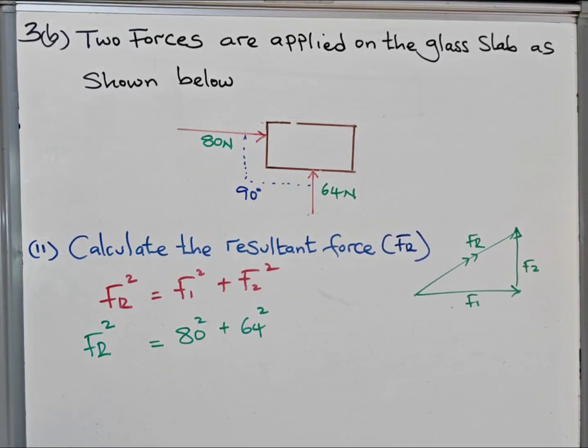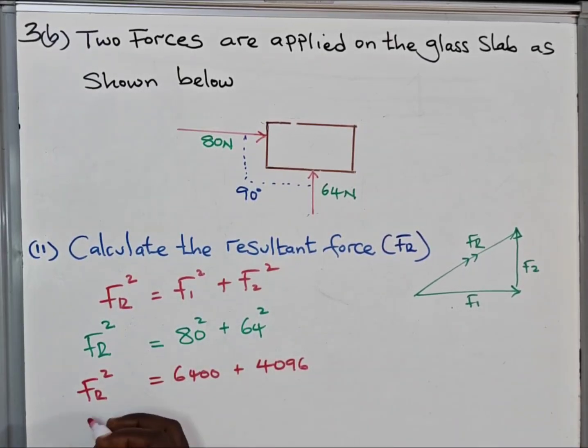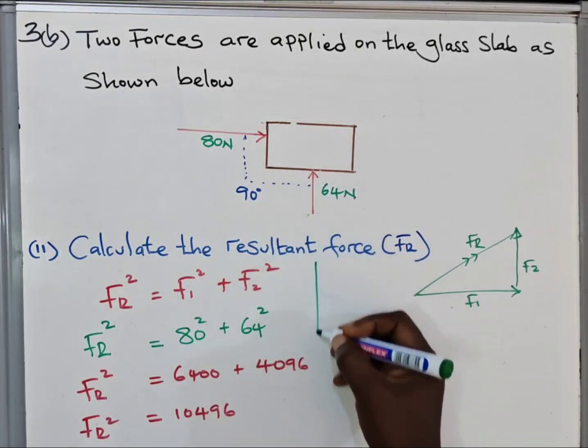From here, we perform the calculations. Yeah, that's what we get. And when you add the two values, we get 10,496. From here, what do we do?